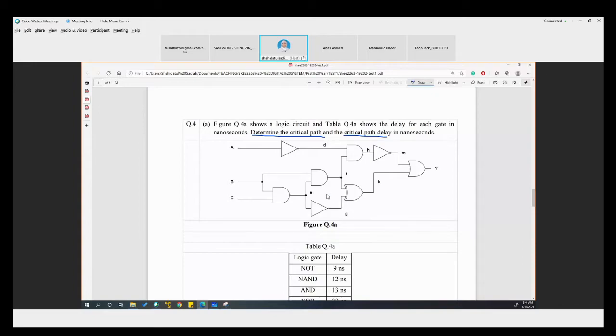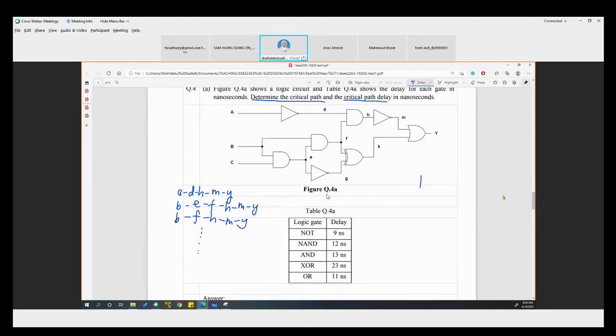So instead of finding the paths one by one, writing down the paths like A, D, H, M, Y, B, E, F, H, M, Y, B, F, H, M, Y, and many more, and then finding the delay one by one, you can just find the delay after each gate, and choose the longest delay until you reach the end of the circuit.